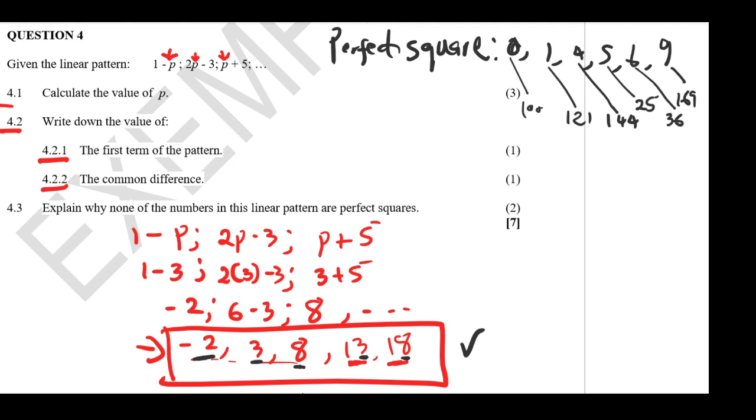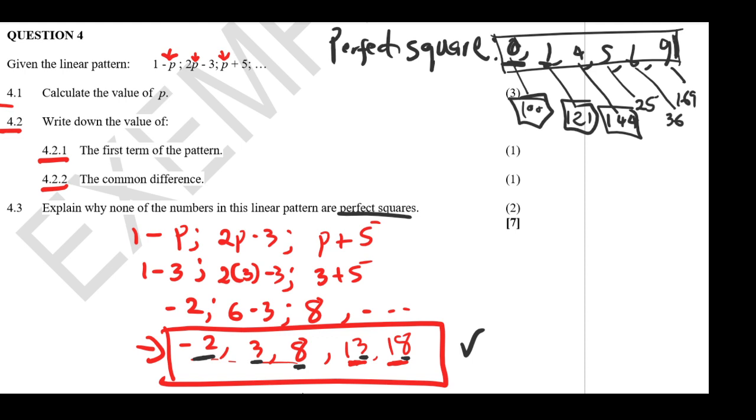So that's basically what you say here. They say explain why none of the numbers in these linear patterns are perfect squares. They are not perfect squares because these are the endings that give you perfect squares. These numbers at the end give you a perfect square. I hope you get what I'm saying.